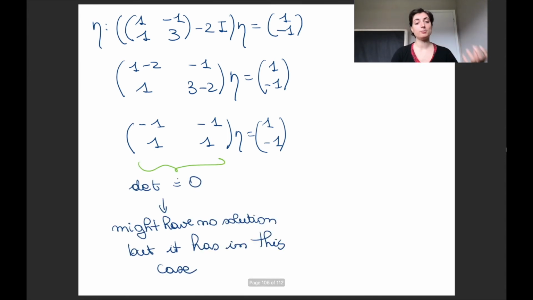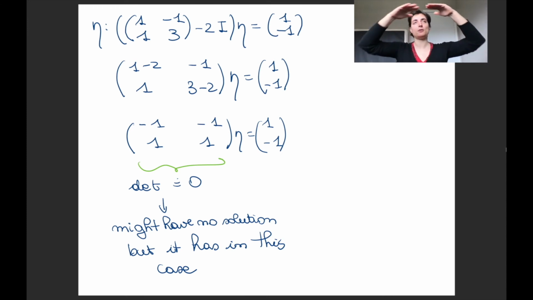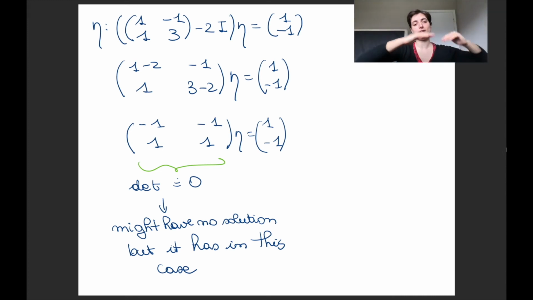Notice how the determinant of this matrix is equal to 0. That means that we're solving a linear system in which our matrix is not invertible. So we might not have a solution, but in this case it has, because you notice how in the matrix the second line is equal to the first line multiplied by -1, and in our right hand side, in the vector (1, -1), we have the same format.